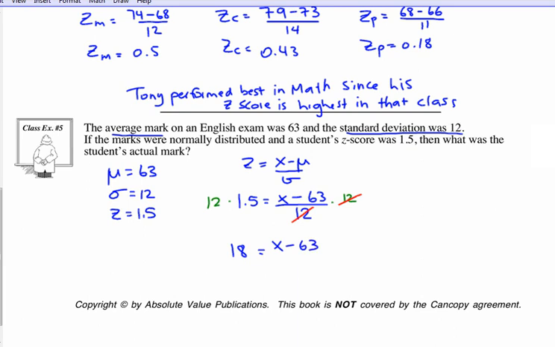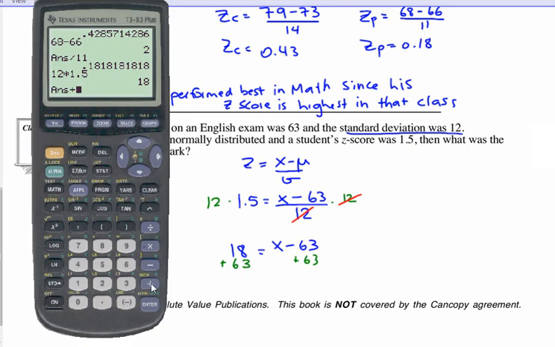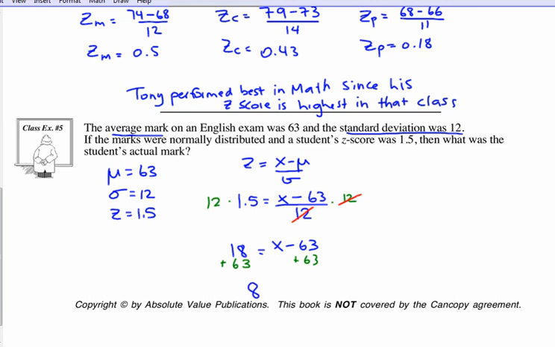And then our last step is to add 63 to both sides. 63 plus 18 gives me his mark was 81 in that class. So therefore, the mark was 81%. That was his actual score.